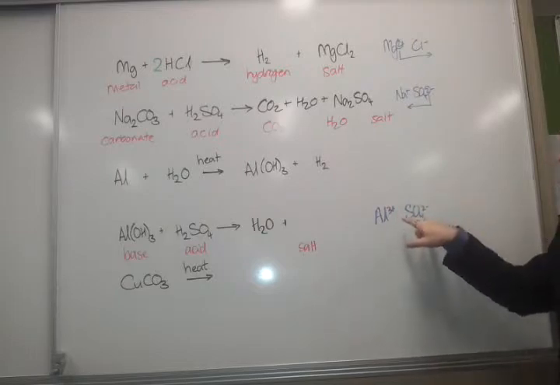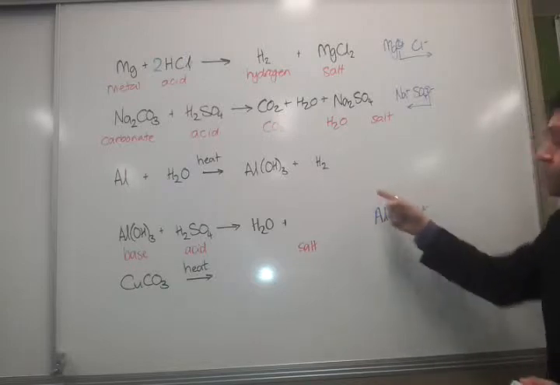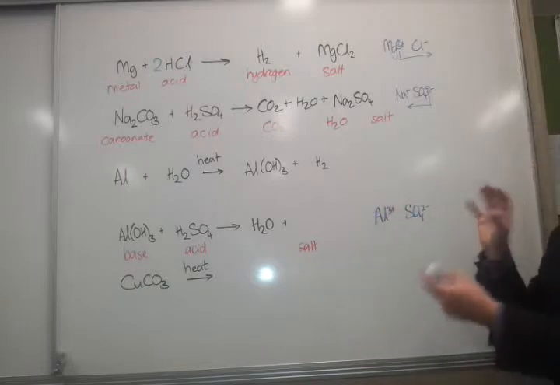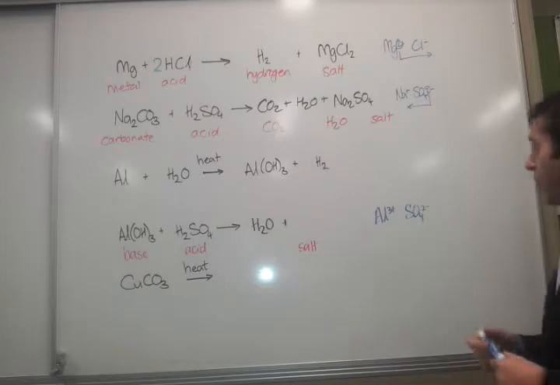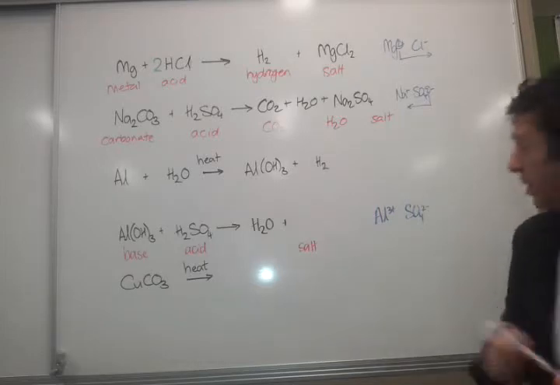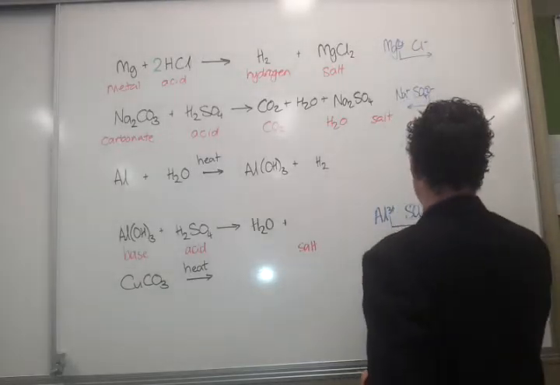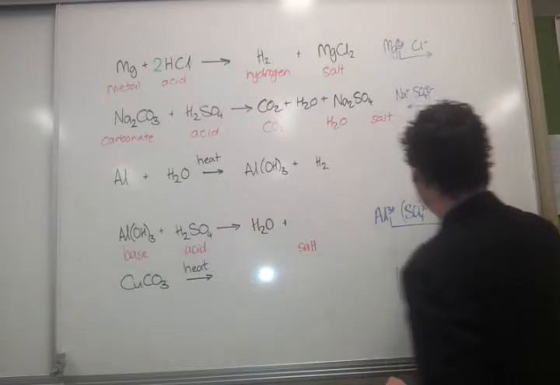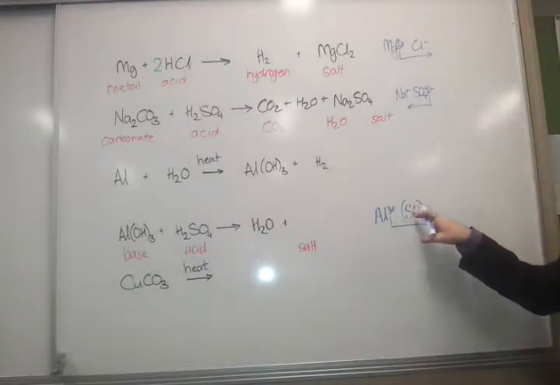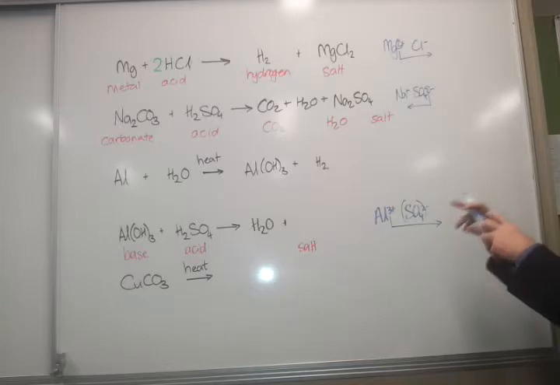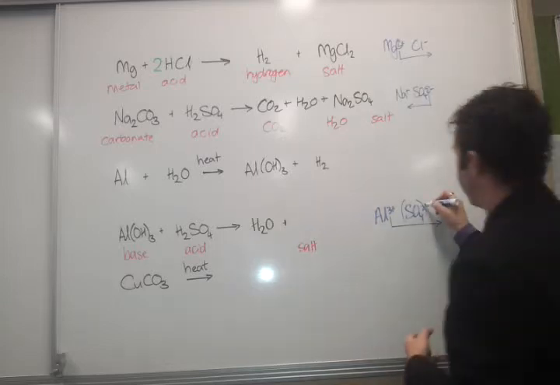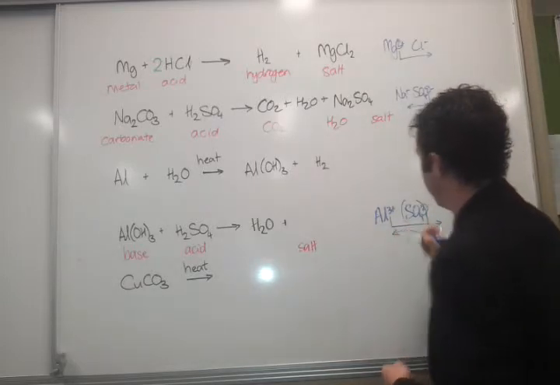And that's going to be 6. So I need to get this to 6+ and this to 6-, so that the charges cancel out. So what that really means, for doing it really quickly, is I take the 3 and I put it over here, which means this will need to be in brackets because otherwise it will say SO43. It's not, it's 3 SO4s. I take the 2 from here and I put it over here.